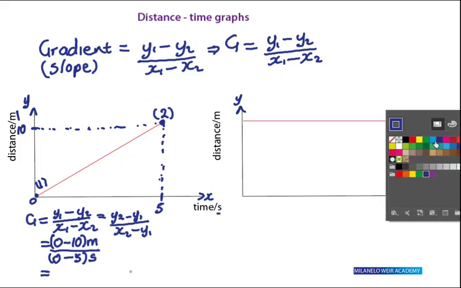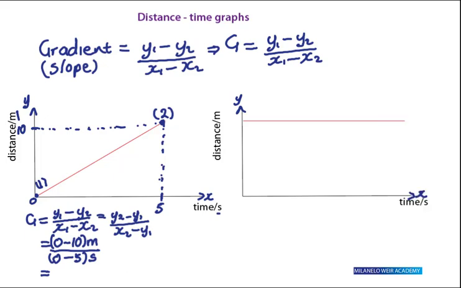Then, go on, what do we get? Let me change the color because the space is also small. Then 0 minus 10, that's negative 10 meters, divided by 0 minus 5, that's negative 5 seconds, right?